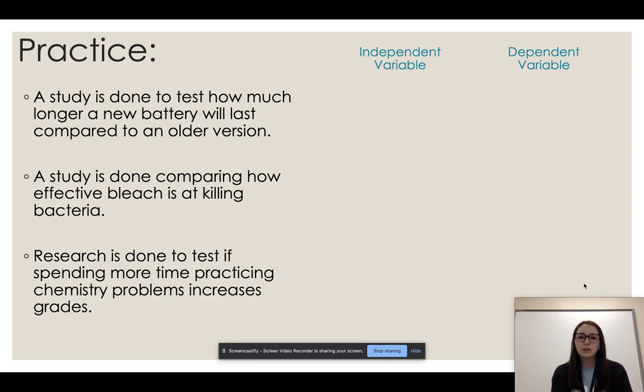When I read through this, I know, okay, a study is done and I'm testing how much longer a new battery will last compared to an older version. So I'm testing two different types of batteries. Right there, I can tell you that my independent variable is my different batteries. I'm manipulating the batteries I'm using, maybe by age or brand.